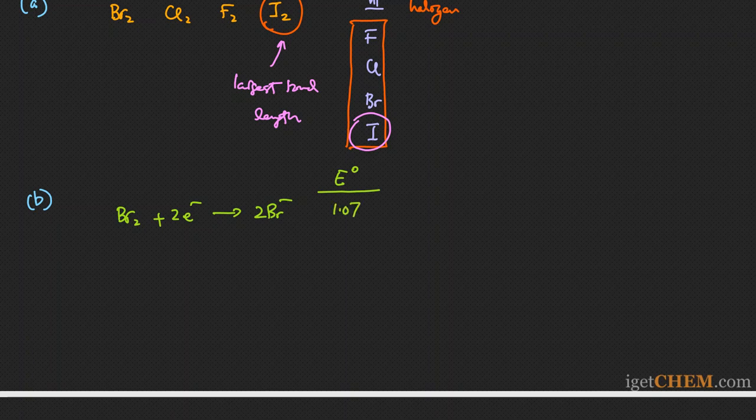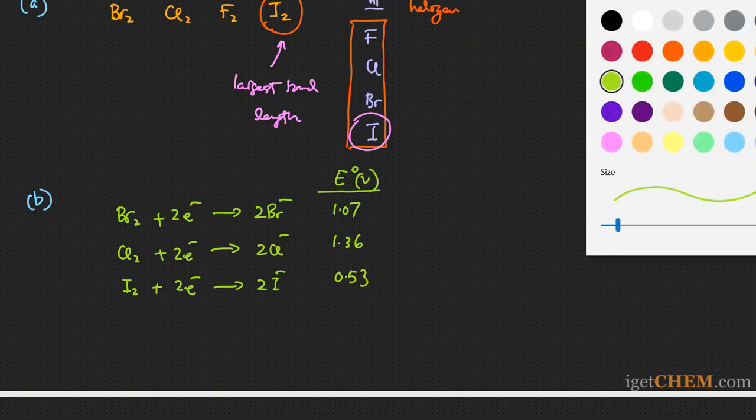This is 1.07. And then the second one in the table is Cl2 plus 2 electrons going to 2Cl minus, and that's 1.36. Finally, it gives you I2 plus 2e going to 2I minus, and that is 0.53.